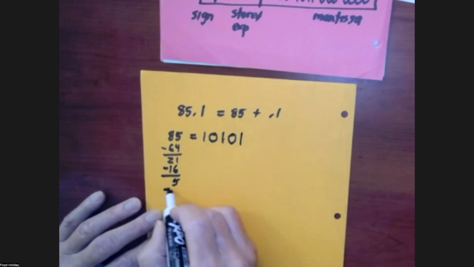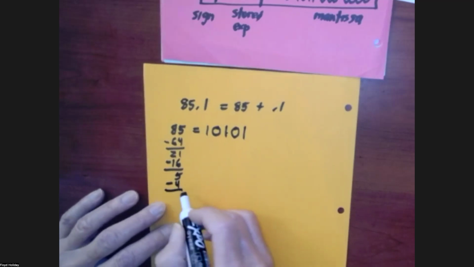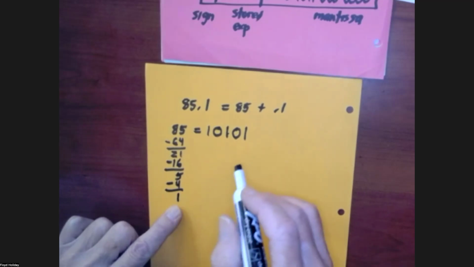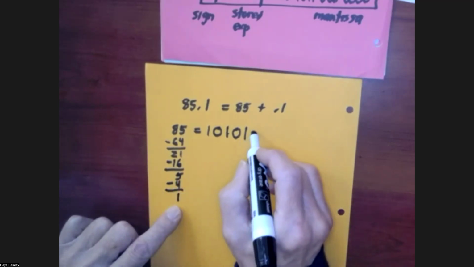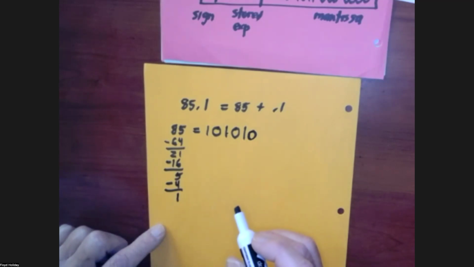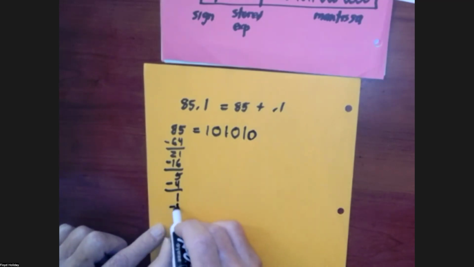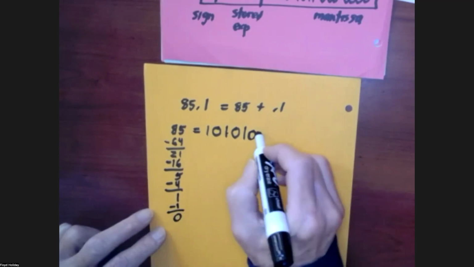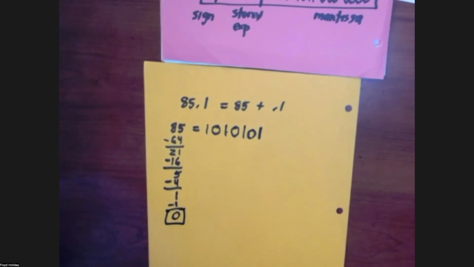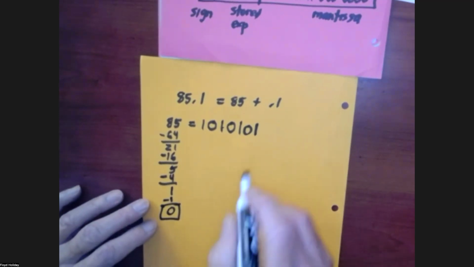Yes, that's good, which is a 1. The next power of 2 is 2. That's too big, so it doesn't appear. You go to the next one. The power of 2 is 1. That's good for us, and it's a 1. And when you reach 0, you stop. Okay. So there's 85.